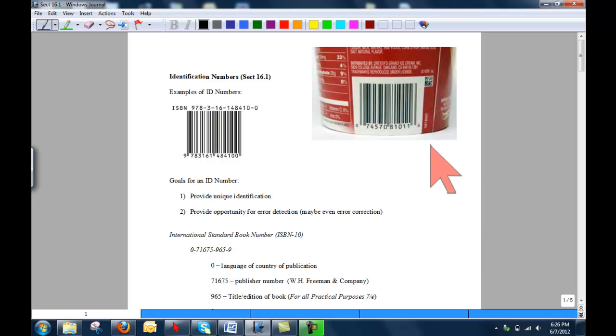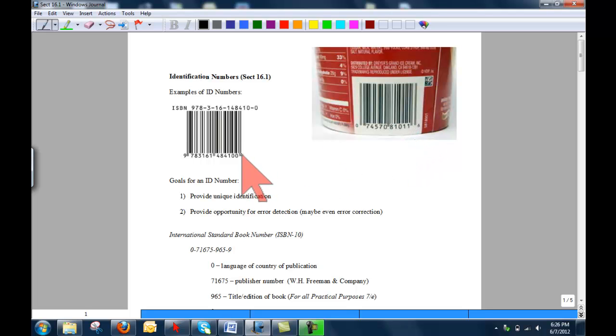For example, here we go to the grocery store to buy some ice cream. That sounds like a great idea, and on the back there's a UPC code, Universal Product Code. You take the ice cream, you walk up to the cash register, and of course it's scanned by a laser. And the computer that the laser is connected to reads these bars and determines what the product is and what its price is.